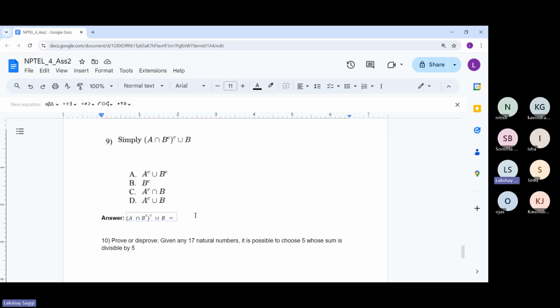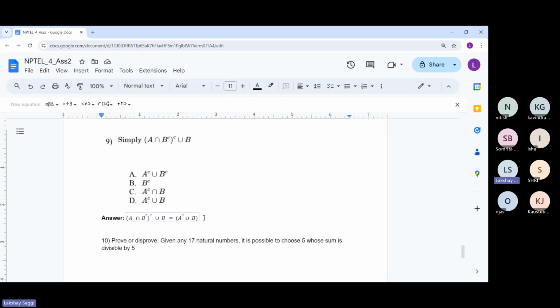So the initial A will become A complement, then this intersection will become a union, and this B complement will become B itself. And this outer complement we had already resolved. So this whole expression will simplify to this expression.